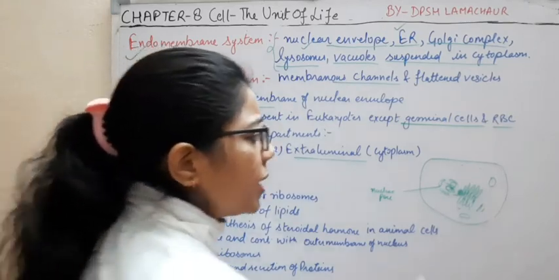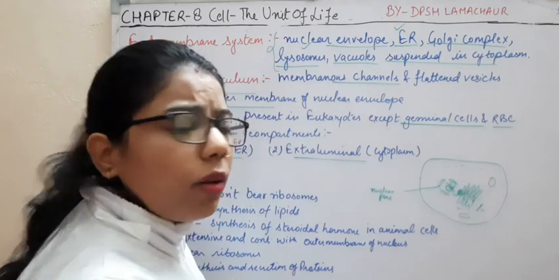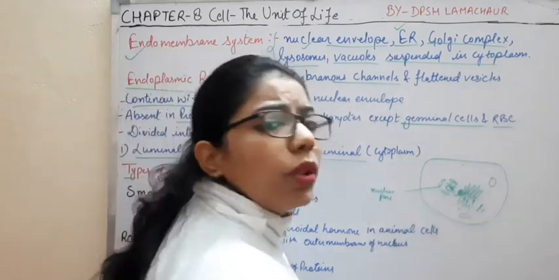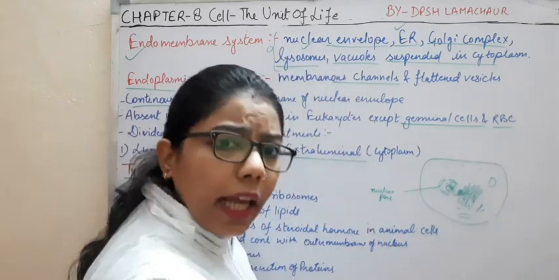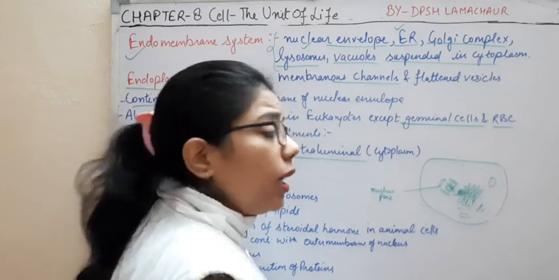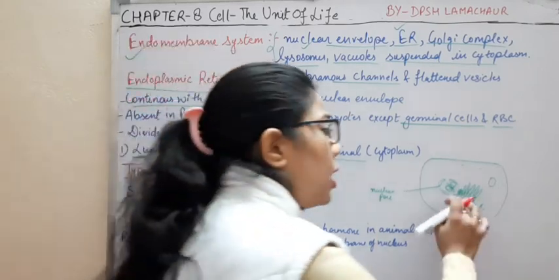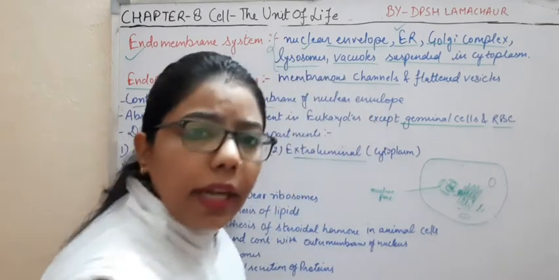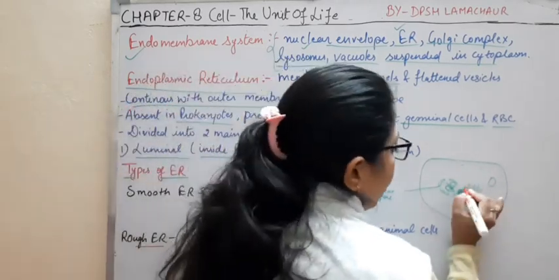So what you can see here, I have drawn what type of endoplasmic reticulum right now? That is the smooth endoplasmic reticulum. Why? Because you cannot see any granules present on this surface. When the granules or the ribosomes are present on the surface of the endoplasmic reticulum, you will call it the rough endoplasmic reticulum.